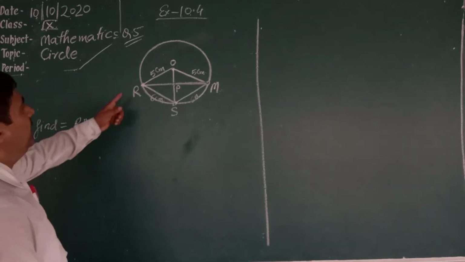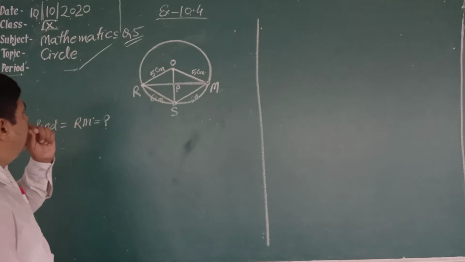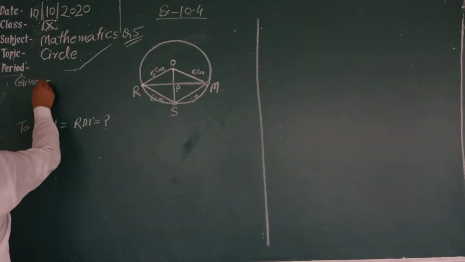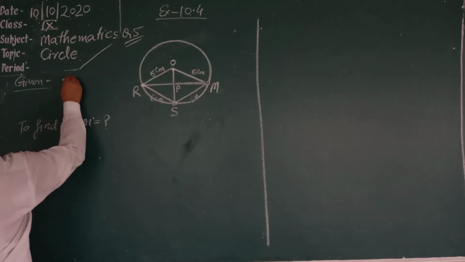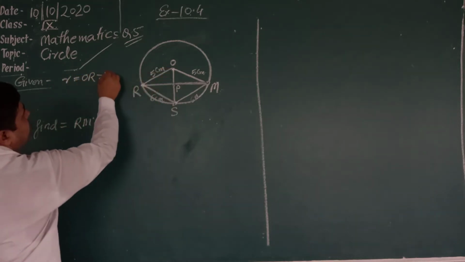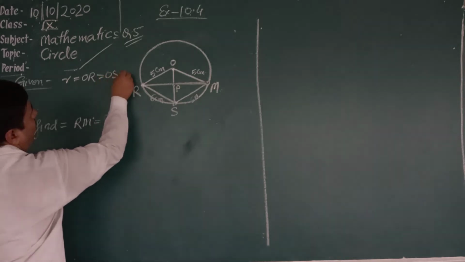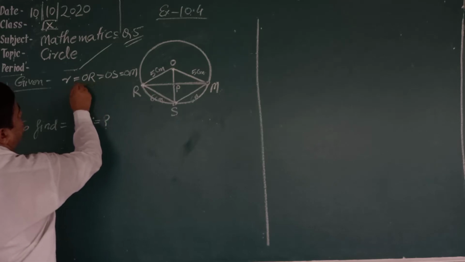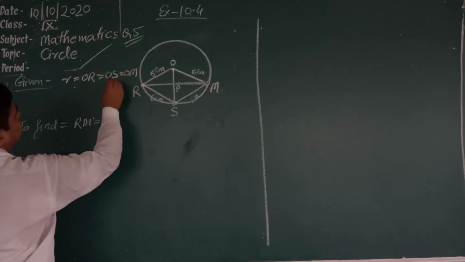To find the RM distance. What is given? The radii OR, OS and OM are all 5 cm.